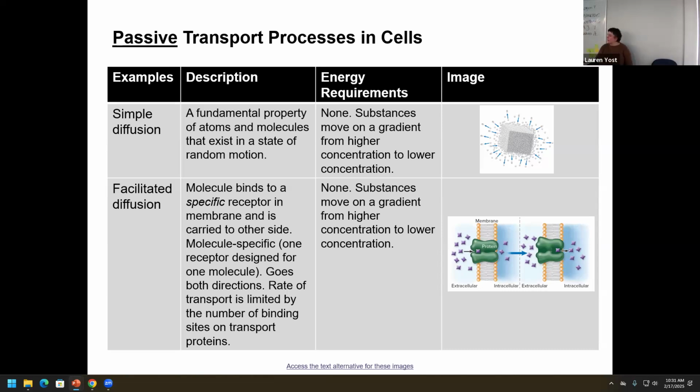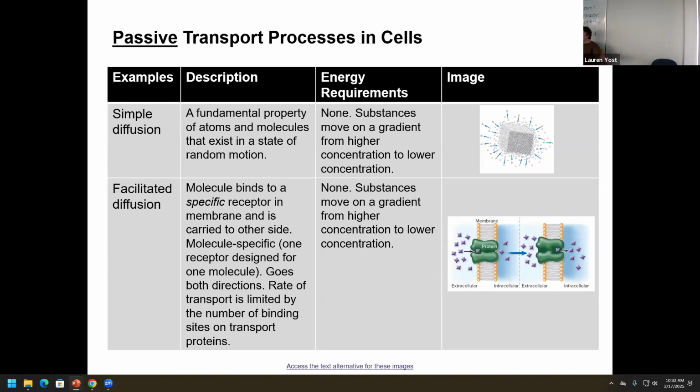The net was containing them and they couldn't move. Now I've basically made a channel for them to be able to go in and out. So with facilitated diffusion, we're still relying on the gradient to allow transport. Can you move things from high concentration to low concentration? Yes, because it wants to balance out. Diffusion will drive that.